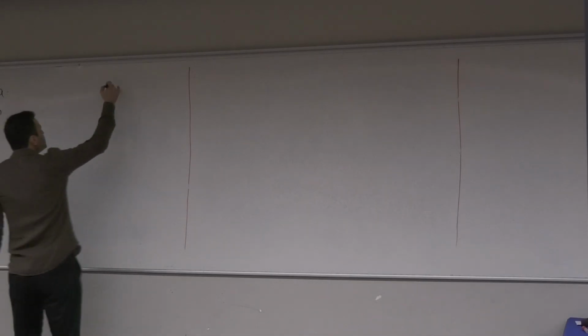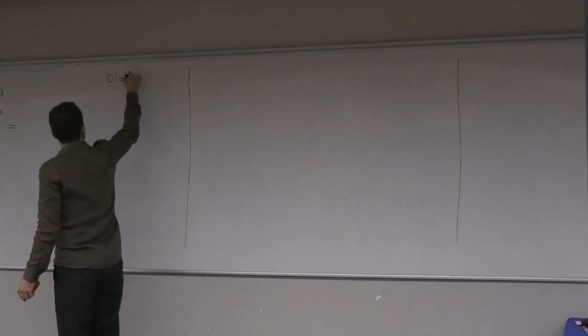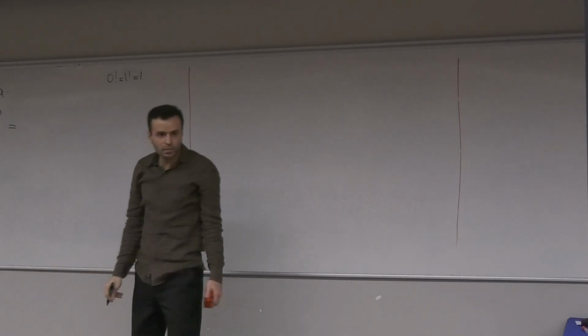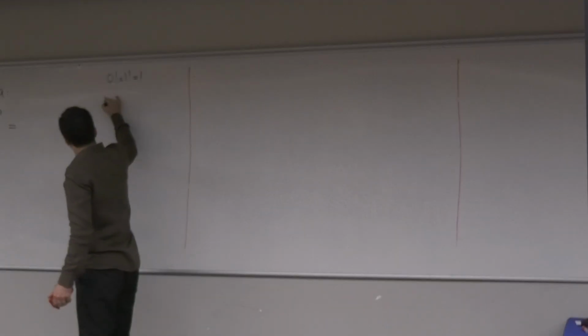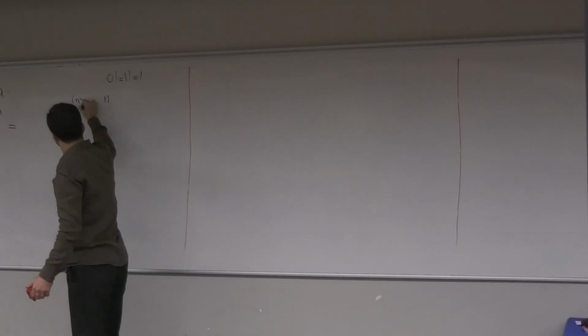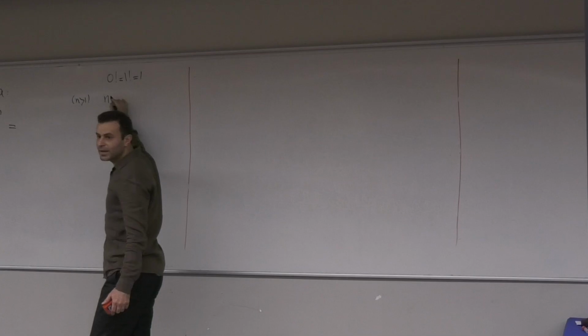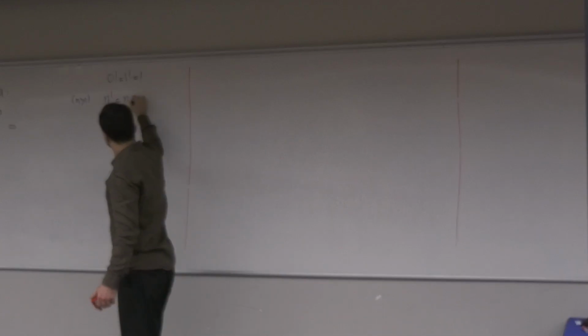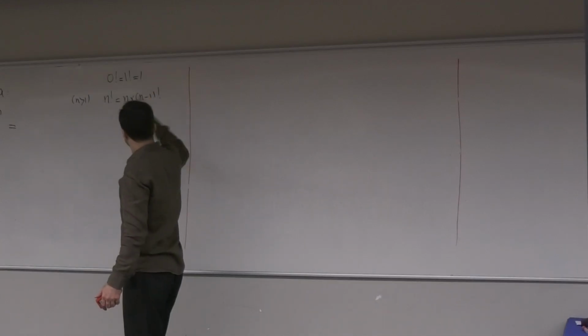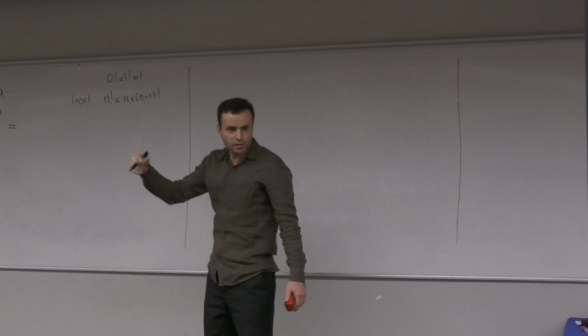Okay? By the way, do you know what is n factorial? We define 0 factorial and 1 factorial equal to 1. And for n greater than 1, we define n factorial to be n times (n minus 1) factorial. It is a recursive definition.